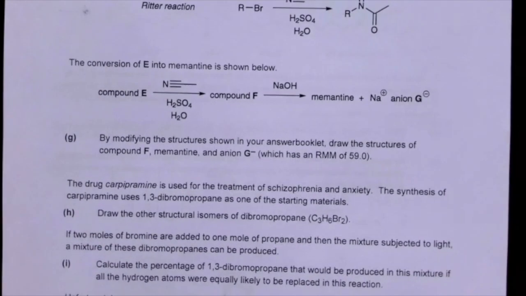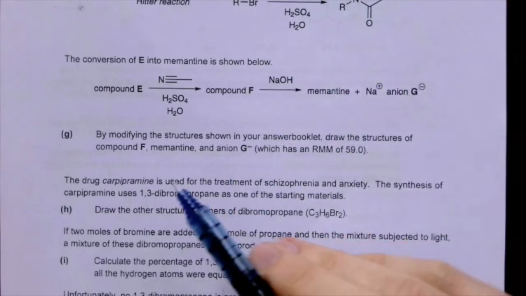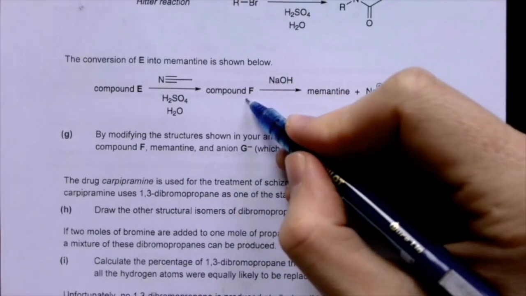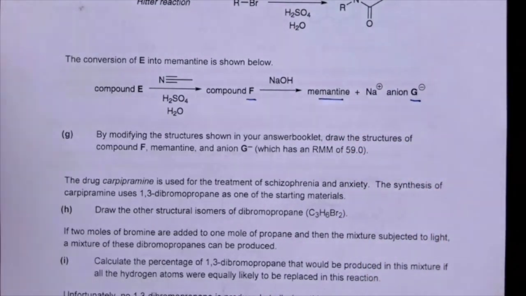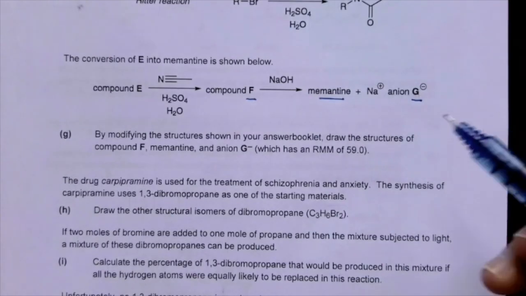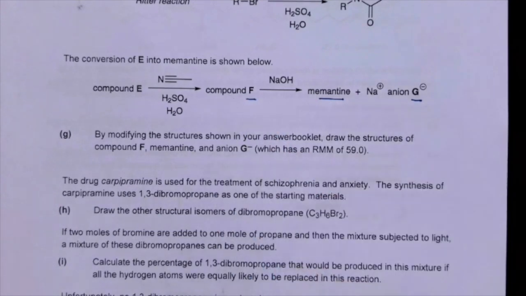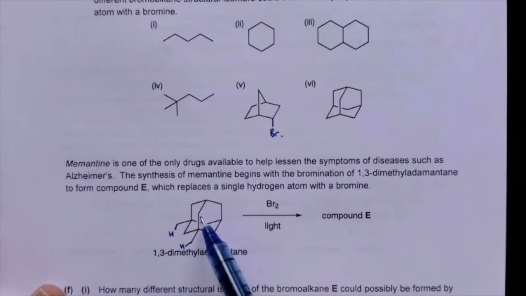Okay, so the conversion of E into memantine is shown below. By modifying the structure shown in your answer booklet, draw the structures of compound F, memantine, and the anion G-. So to work out the structure of compound F is fairly straightforward because you've already decided which carbon atom the bromine is bonded to.